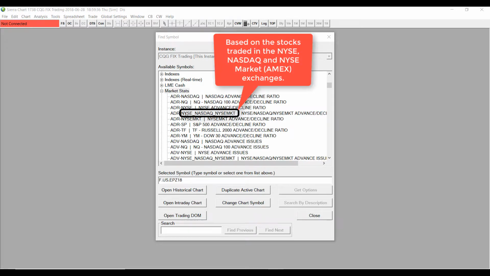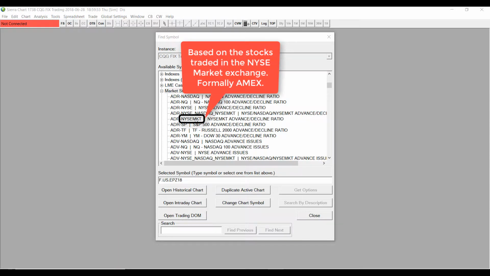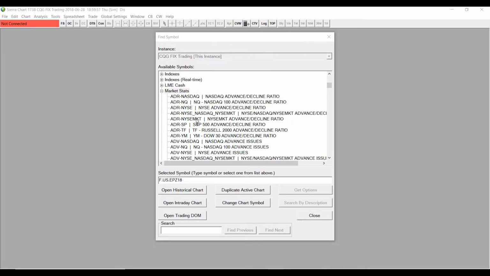After that, we have the NYSE, NASDAQ, NYSE market. This is a combination of the New York Stock Exchange, the NASDAQ, as well as the New York Stock Exchange Market Exchange. After that, once again, we have the New York Stock Exchange Market Exchange.